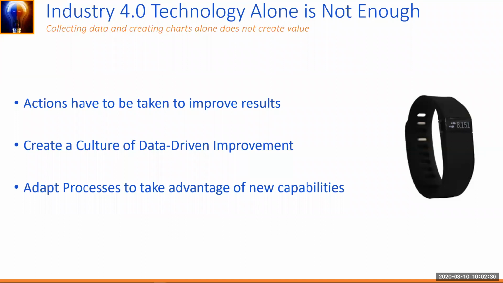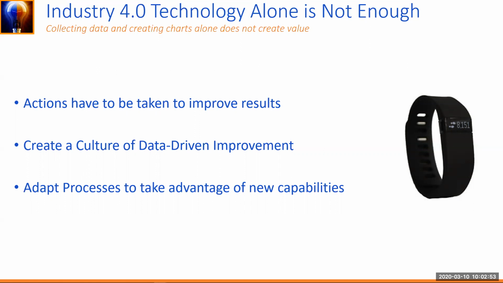It's really that behavioral change and that process change that causes the actual weight loss. It's the same thing in manufacturing. You can implement any of these different Industry 4.0 systems, but unless you actually change the process, unless you change the behaviors of the people, then you're not going to see the improvements in the results that you're really hoping for.